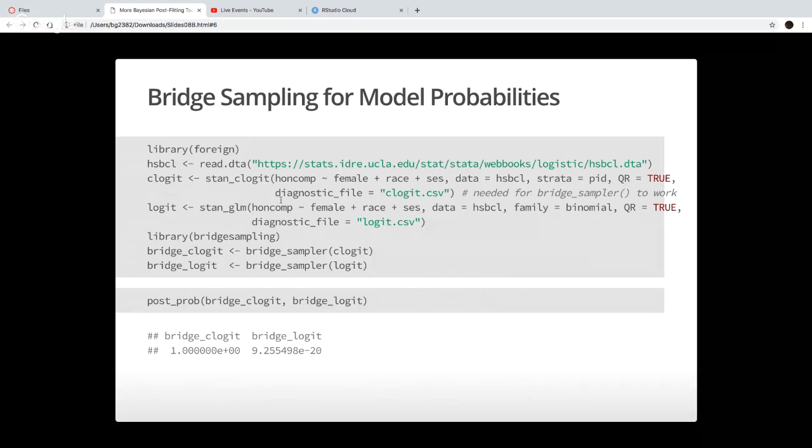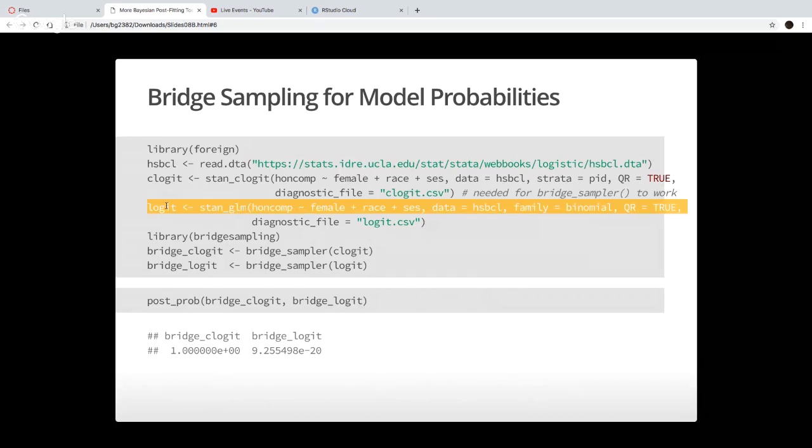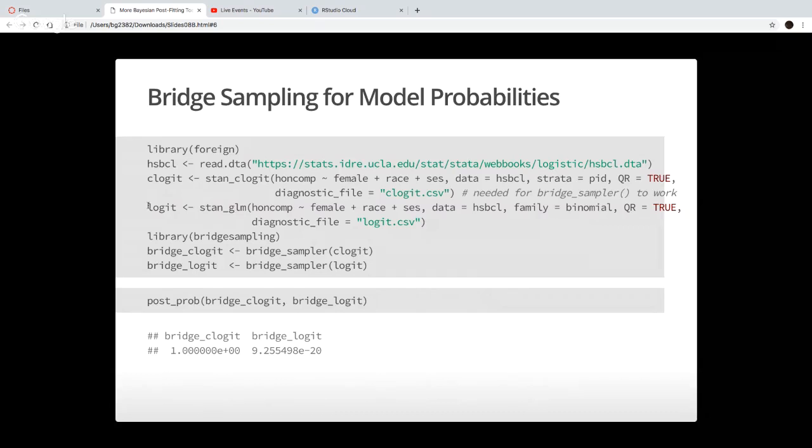But anyway, if we do a closure model for the High School and Beyond thing that we did on Tuesday, and then compare that to just a regular logit model for the same predictors, but not stratifying by pair ID. So this logit model is totally wrong because it allows for the possibility that both people within each pair could be in the honors English class, or neither person within each pair could be in the honors English class, which could not happen by construction of the data generating process.